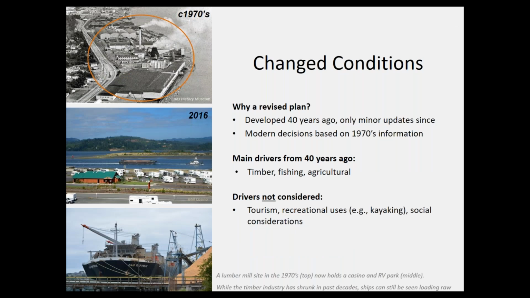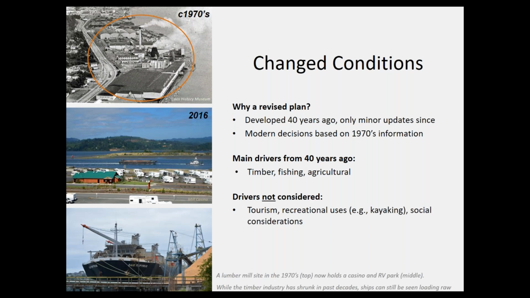Changed conditions. Why do we need to do a revision to the plan? As you see, that top picture is from 1970. That's when the plan was developed, through the 1970s, and it was adopted in the early 80s. This is a large mill facility that no longer exists. The 2016 picture shows you what exists on that site.